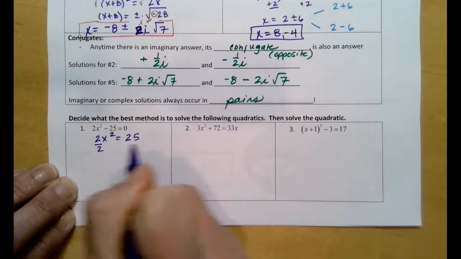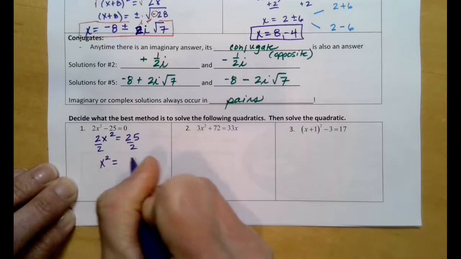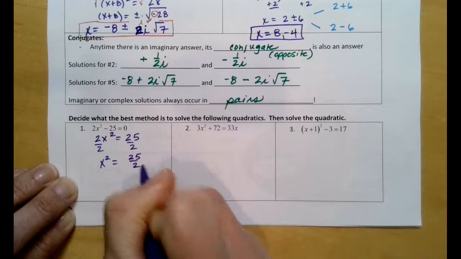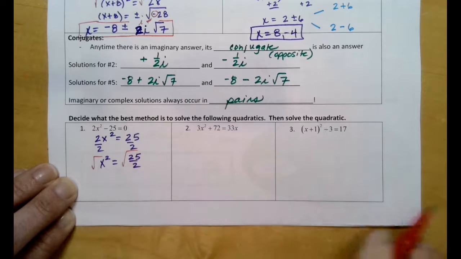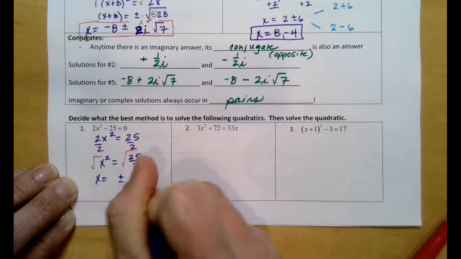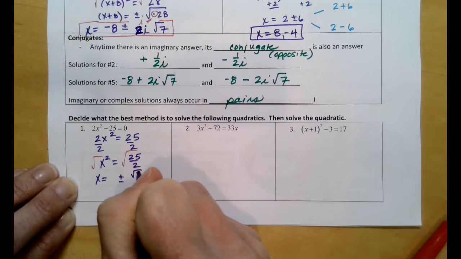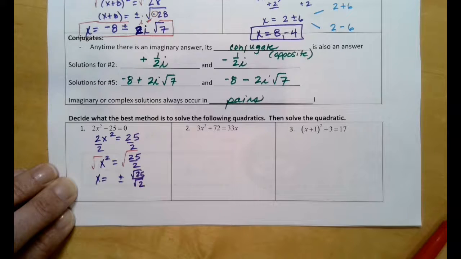I'll divide by 2, and I end up with x squared is equal to 25 halves. And then I can take the square root of each side, and that's going to give me x is equal to plus or minus the square root of 25 over the square root of 2. I can break that up.